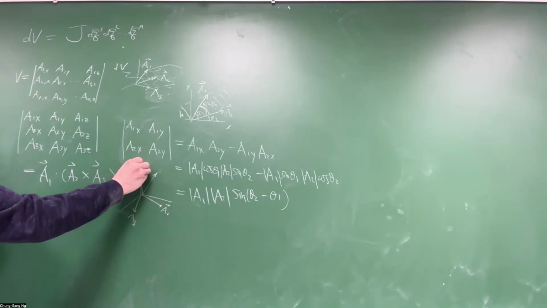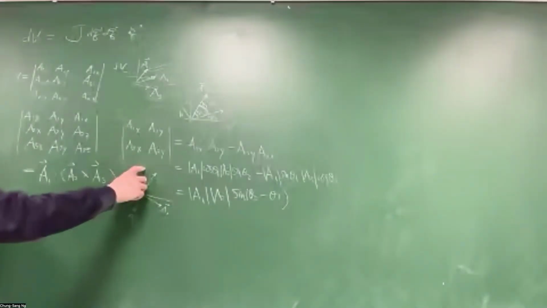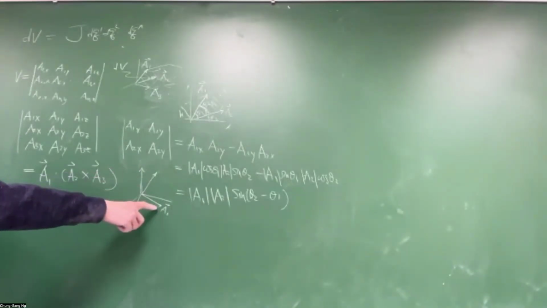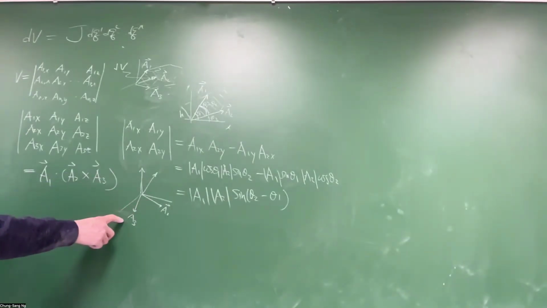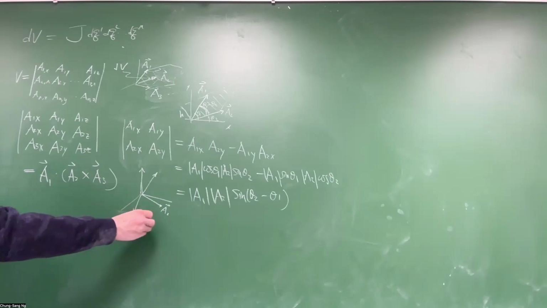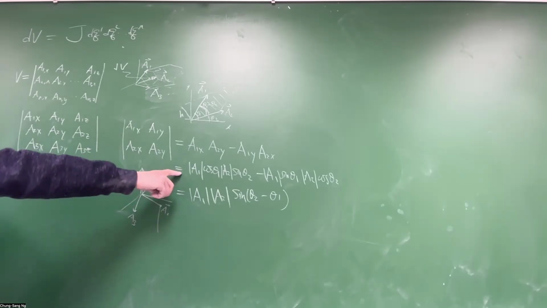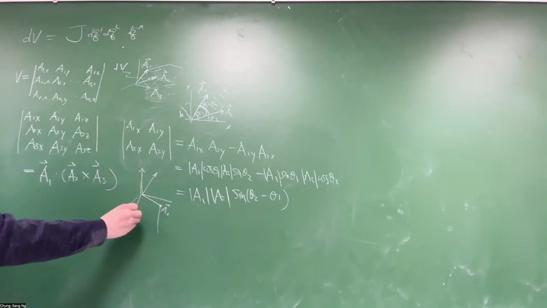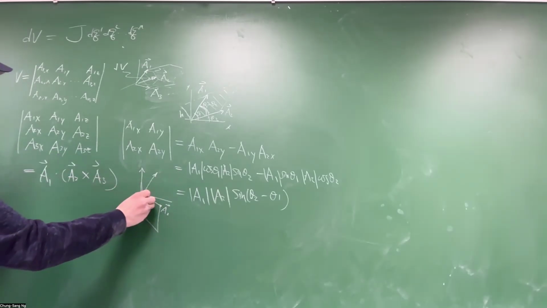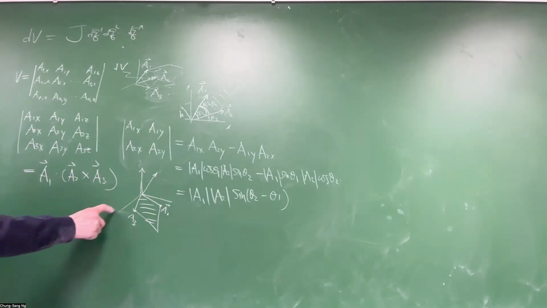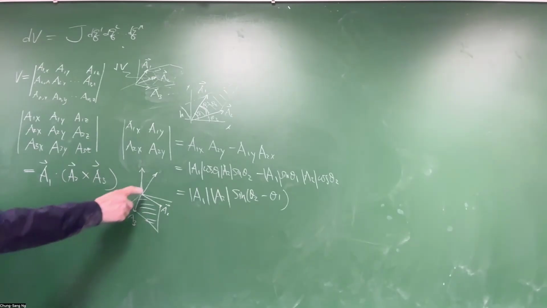And this is the direction perpendicular to A2 and A3, which is the direction A2 cross A3. That's just the cross product. And you realize this is just what we had in the 2 by 2 matrix. So this will give you the area, with the sign obviously, on this plane, right?